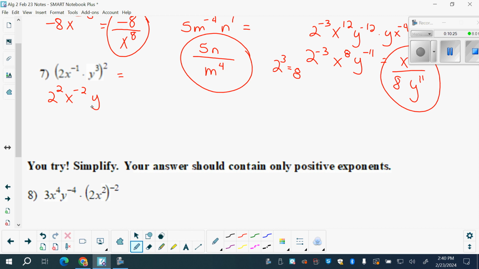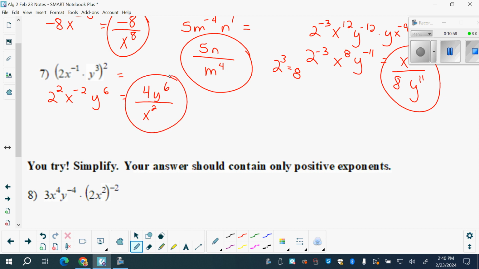Good. And y to the good. So lastly, now we want to get rid of those negative exponents. So how would we rewrite it? Kira, do you know how to write it? On the top or the bottom? On the bottom. Good.